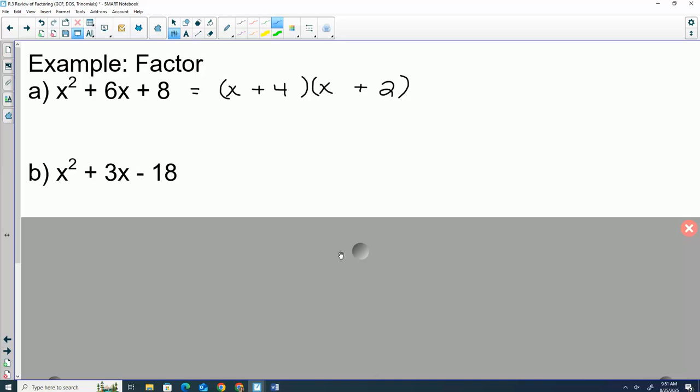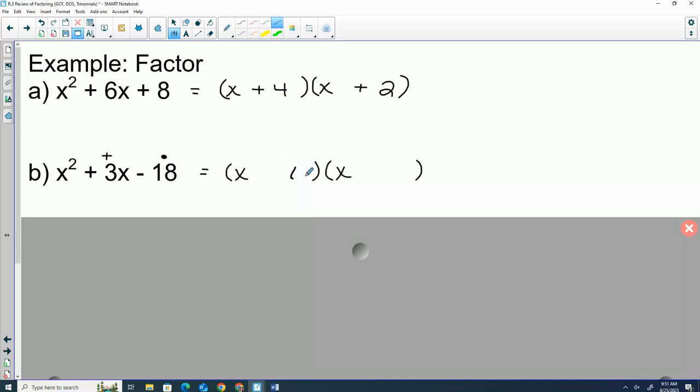X squared plus 3x minus 18. So x squared breaks into x. We need 2 things that multiply to a negative 18 and add to a positive 3. 6 and 3.